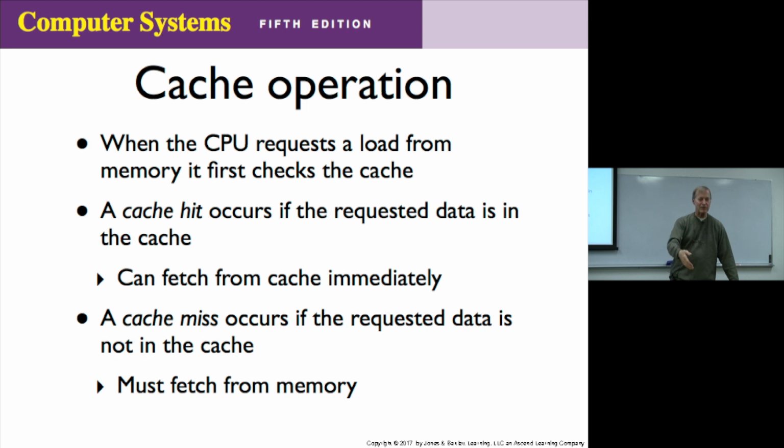Then you have to fetch it from main memory, or the next slower cache. The same thing happens with that cache. If it's there, it can give it to the lower level cache. But if not, it has to go to the next cache. And if it's not there, it has to go to memory.